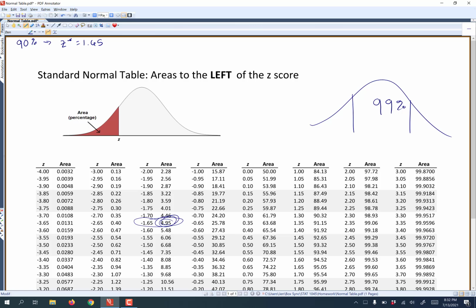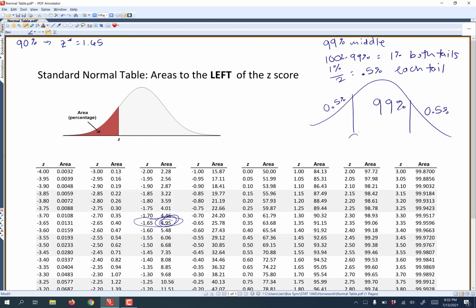So 99% in the middle, then that means you'd have 100% minus 99%, or 1% for both tails. And then if you divide 1% by 2, that would give you 0.5% in each tail. So this is 0.5% over here, 0.5% over here.